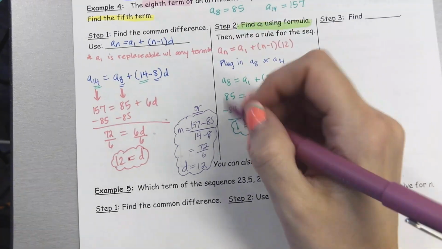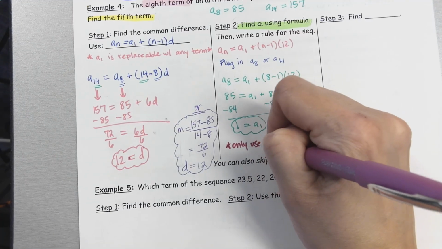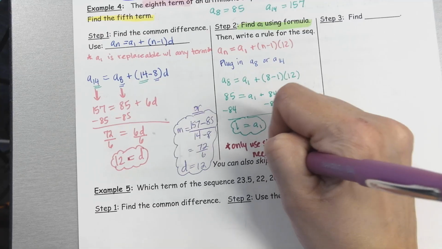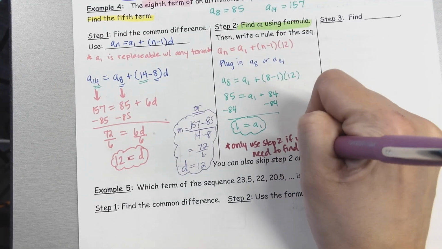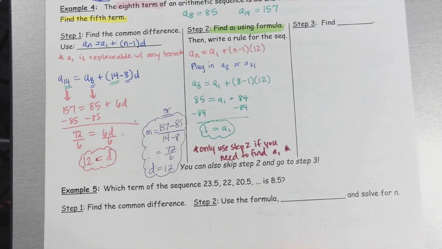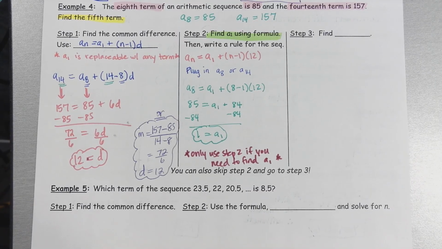Alright, and then I'm just going to put a little note here, just only use this step if you need to find a sub 1. Otherwise, it's just extra and you don't need to do it. Okay, because there are ways that we can work around it.